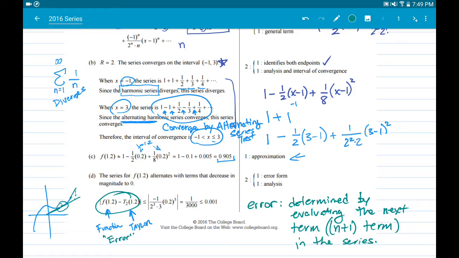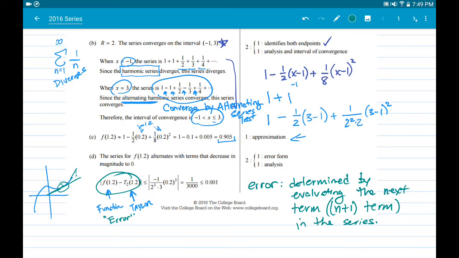So this is also sometimes called the Lagrange error, if that happens to come up on any of your study guides. And so if the idea is that we're approximating the second term here, then in order to find our error, what we want to do is look at the next term, the third derivative term.